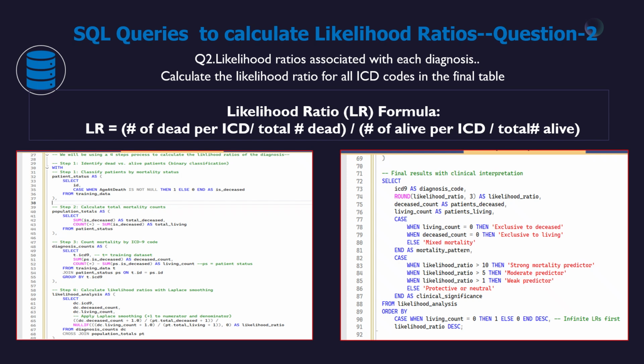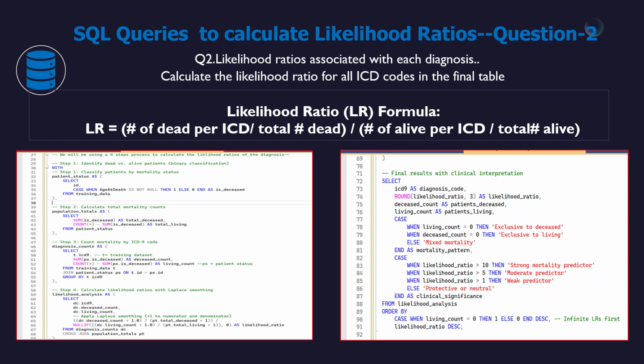The first step is having an alias of patient status, and then selecting the ID of the patient, and then case when the age at death is not null, it's pretty much not 0, then 1, else 0, as is_deceased from the training data. And then you use another alias, which is population totals.